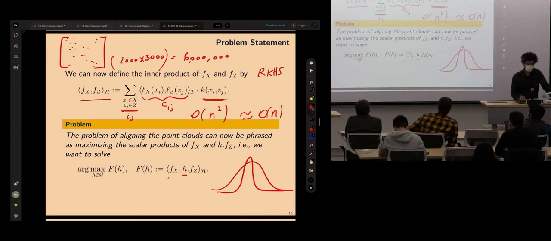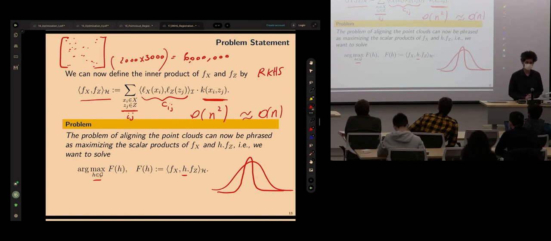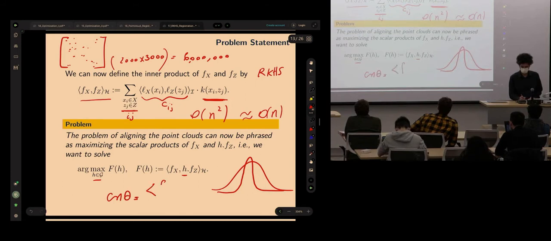So the goal is to maximize the inner product by searching over a transformation that is on a Lie group such that these two functions are aligned. If they're aligned, the angle between them is minimized. So the angle between two functions is similar to how you write the angle between two vectors.